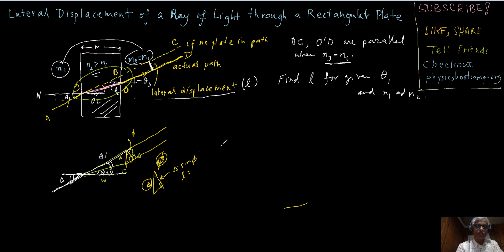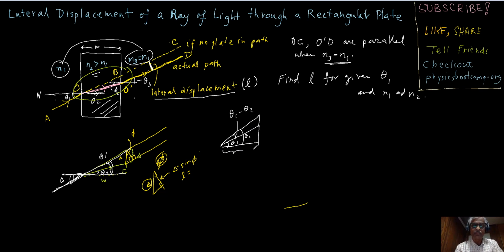So in this triangle, this angle is theta 1 minus theta 2. That's one thing we find. This is theta 1 and this is theta 2.